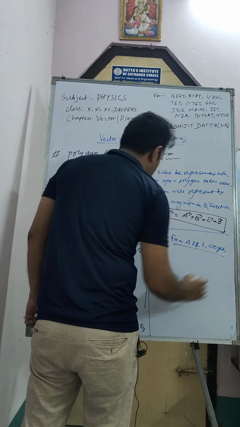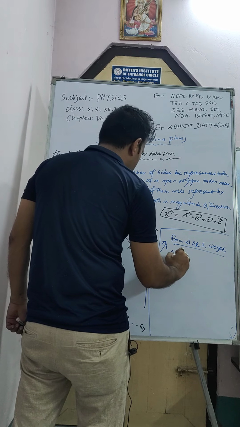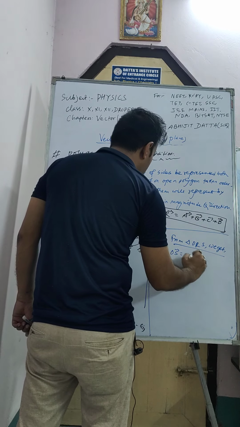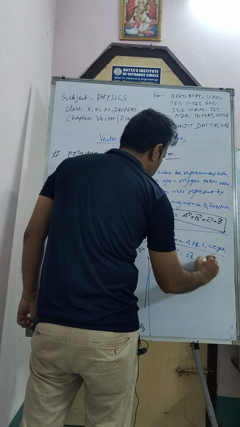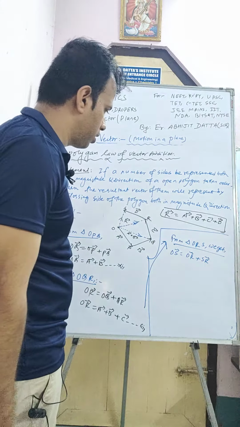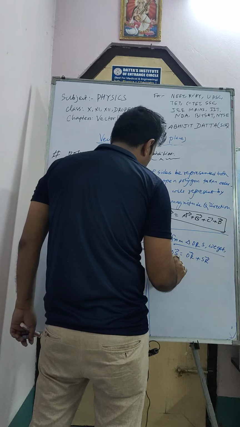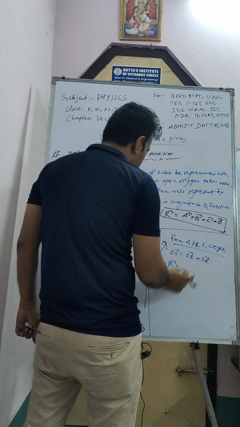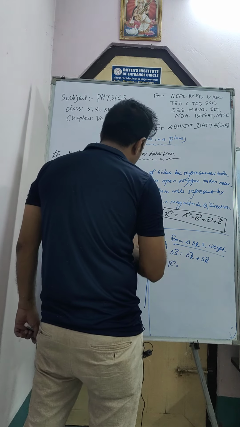we get OS equal to OR plus RS, right? Now OS is what? This one is the resultant vector R, and OR is what, sir?